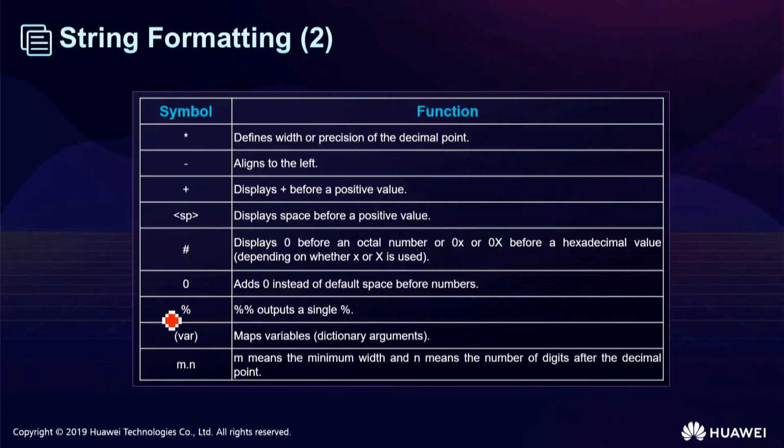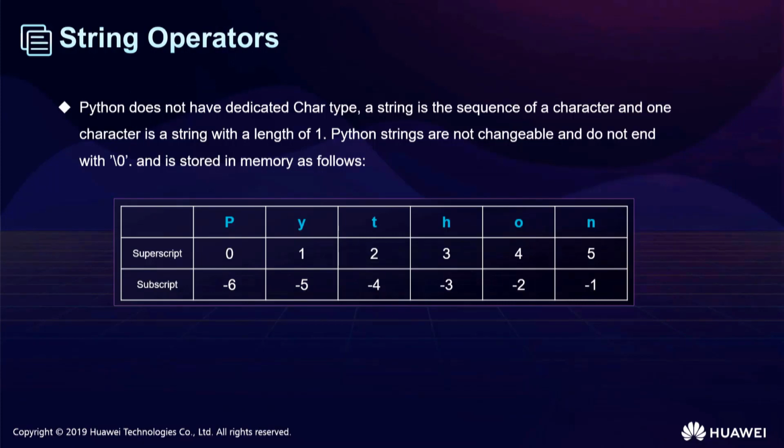Here we use the double % to stand for a single %: the first % stands for the string formatting operation, and the second one is just the single %. A string is a sequence of characters, and the length of one character is 1.